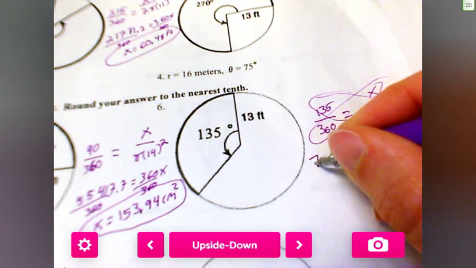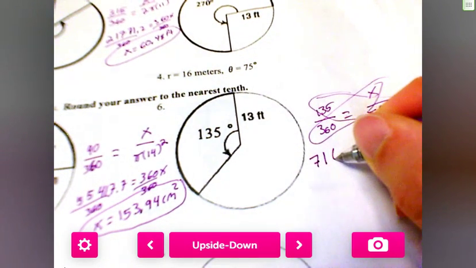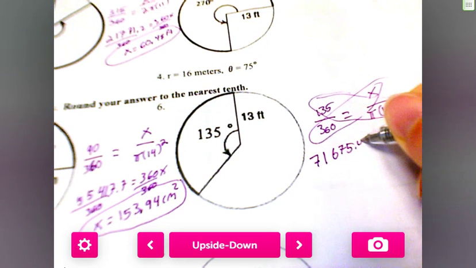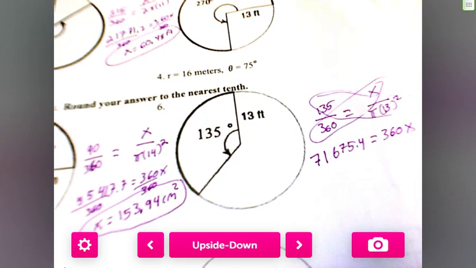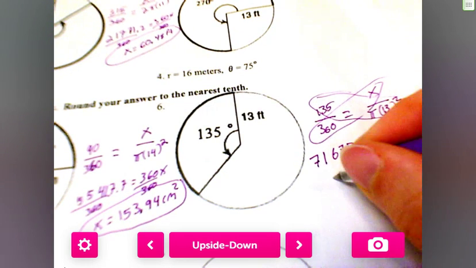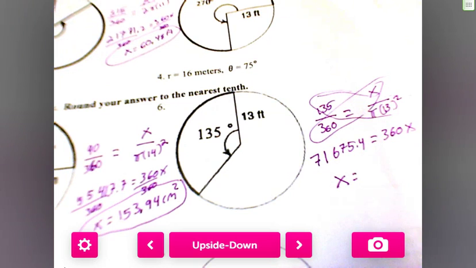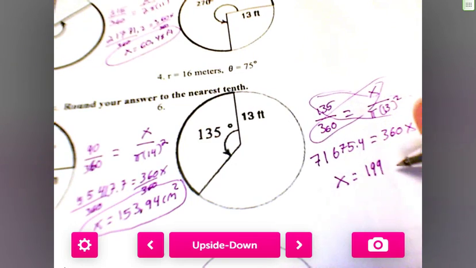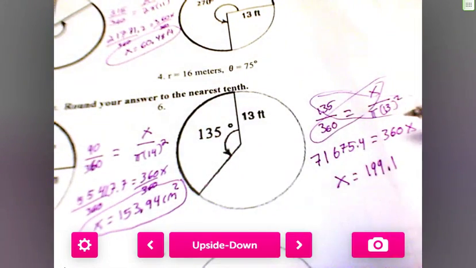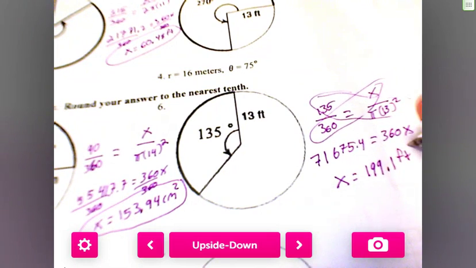And I get 71,675.4 equals 360x. And then what do I do, guys? And what is your answer? What does x equal? 199.1, because we rounded to the nearest tenth. I didn't do it over there, but I should have. Feet squared.